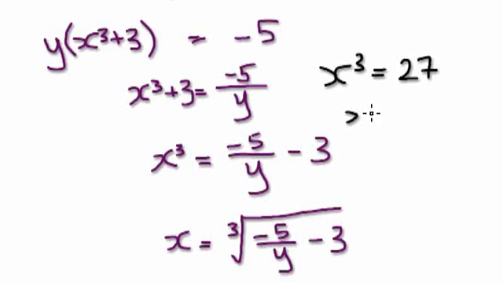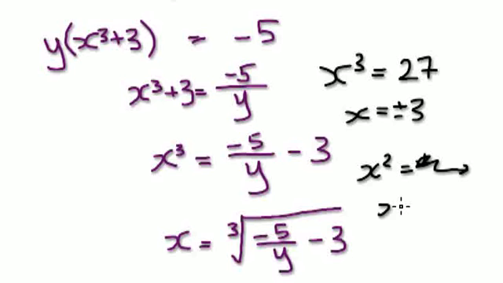When you cube root both sides, you won't have plus or minus 3. The cube root of 27 is just a straightforward positive 3. You're not going to have plus or minus, so just bear that in mind. If you have x to the power of 2 and you square root both sides, then x equals the positive and negative version of the square root.